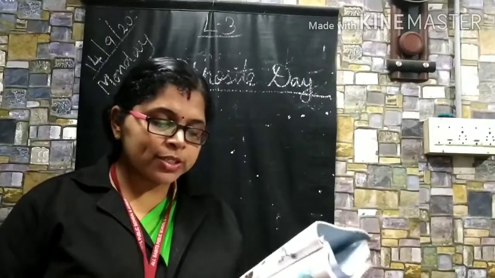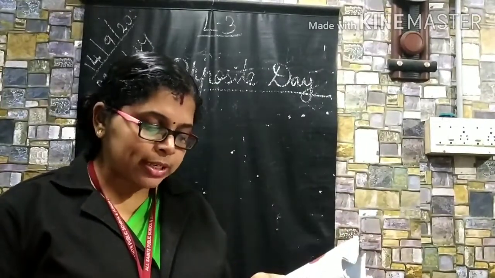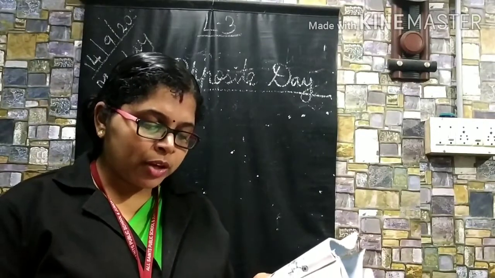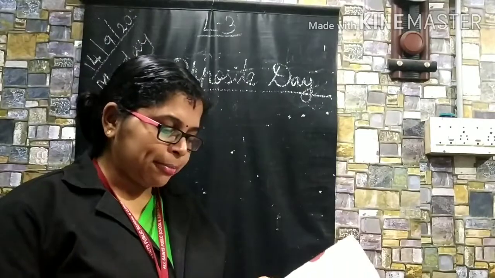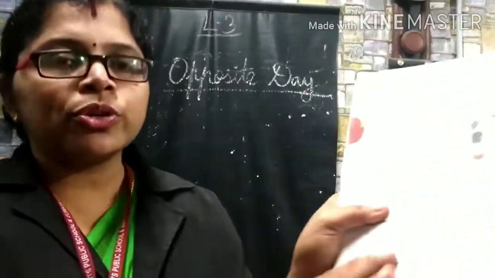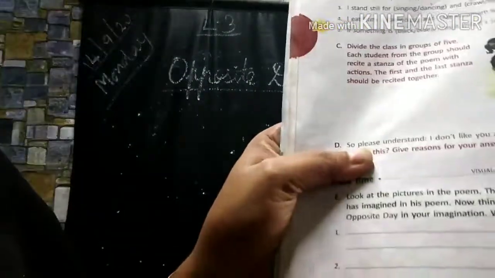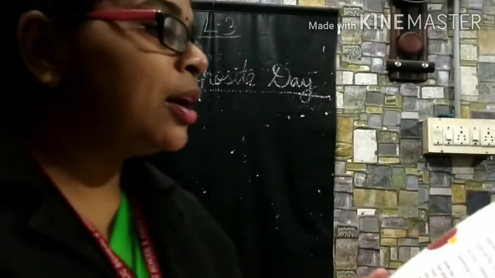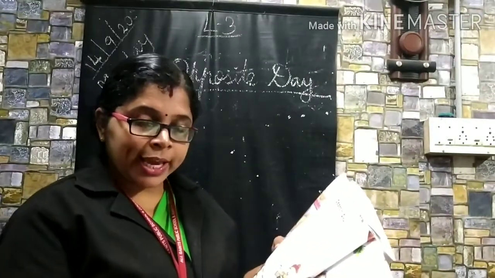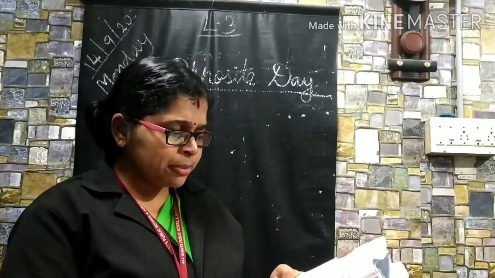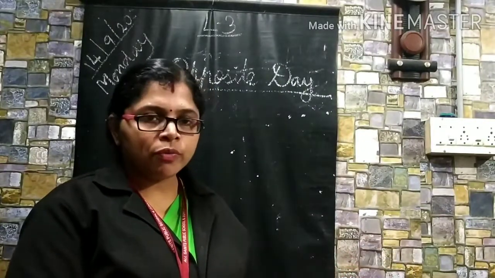Look at the pictures in the poem. They show some of the things that the poet has imagined in this poem. Now, think of 3 things that would happen on opposite day in your imagination. So, this is also your homework, children. Page number 35 and 36. Understanding the poem, exercise A is your homework, and on page number 36, E is your homework.